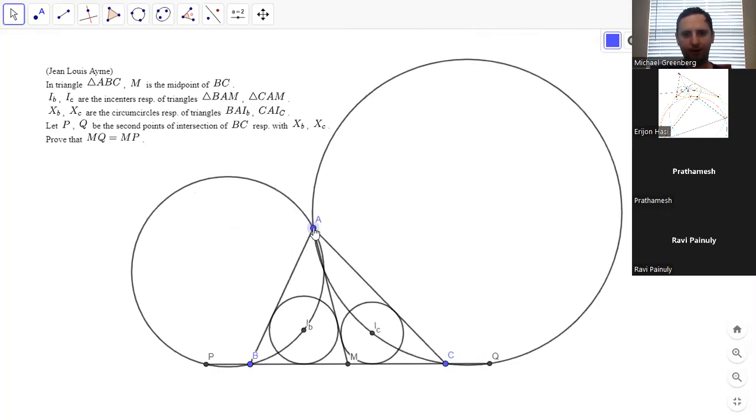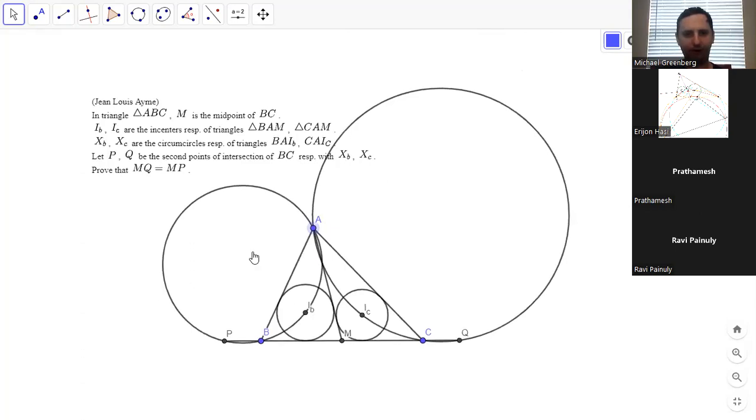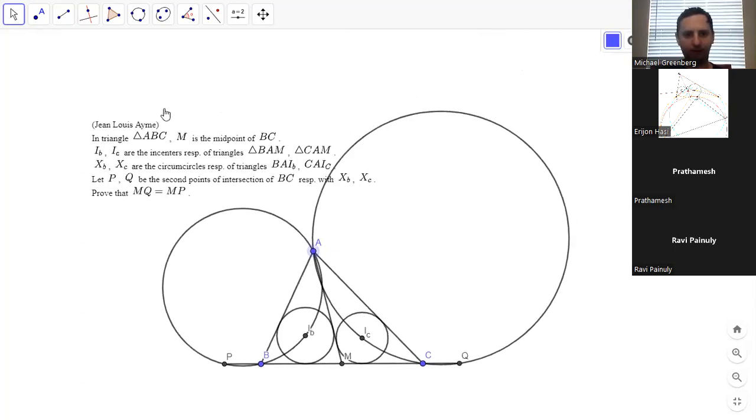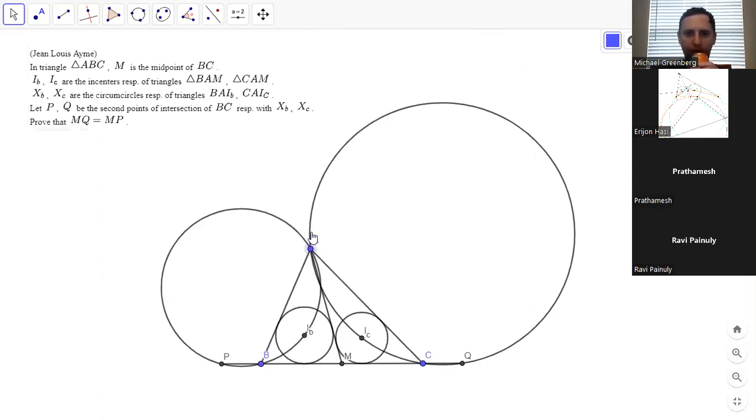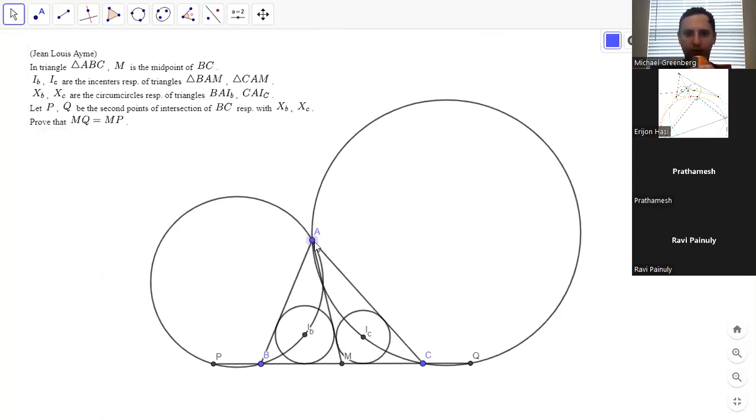The circle's so big, I could shrink the diagram just a little bit. So it's equivalent to showing that the line passes through these circles. So let's think about that.